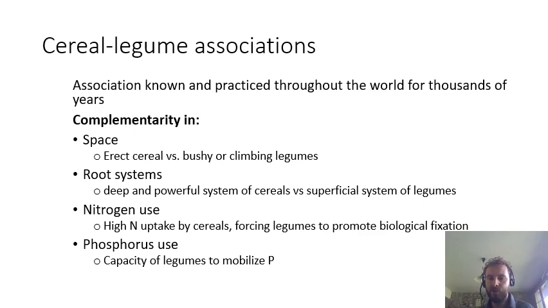The nitrogen use that I said before: cereals need a lot of nitrogen, which will force legumes to promote biological fixation with rhizobia. And the phosphorus use: legumes are able to mobilize phosphorus in the soil by secreting acids and phosphatases and things like that, which render the phosphorus more available in the soil also for the cereal.